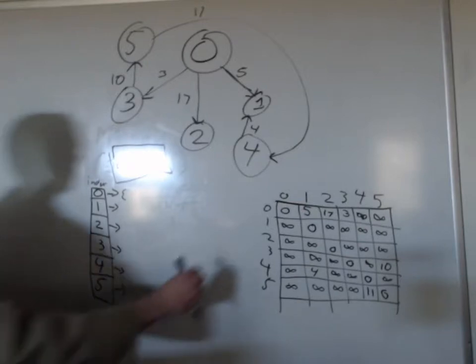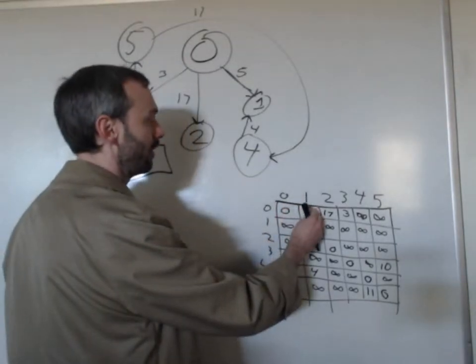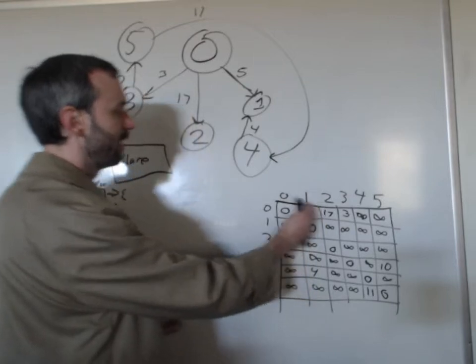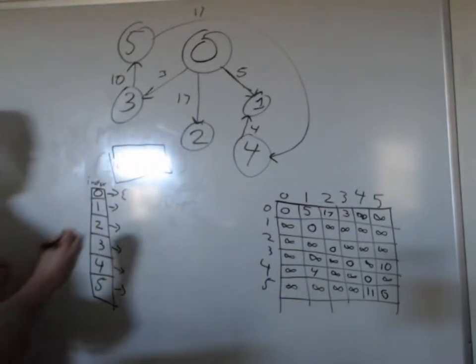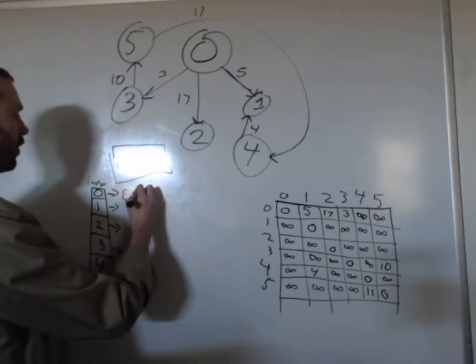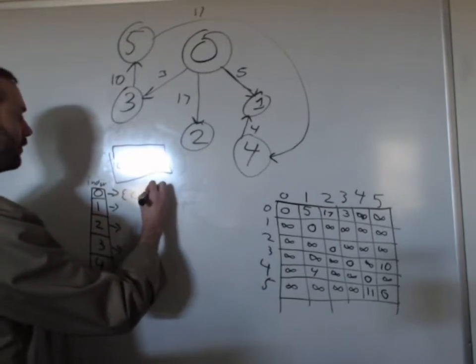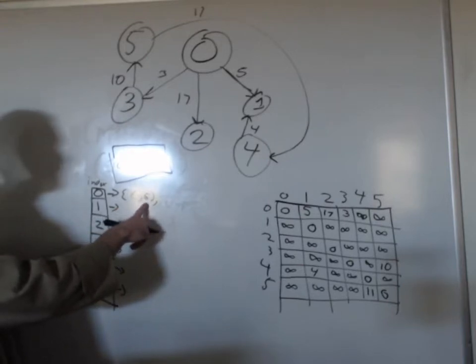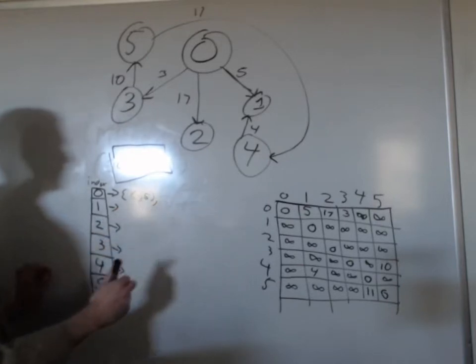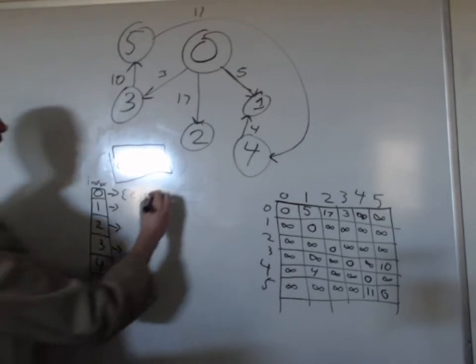So now over here, we knew what edge or node we're going to by the index. Over here, we don't. So we actually have to store a pair. So for example, we might store 1, comma, 5. So going to 1 has a weight of 5. All right. How about the next one? What would it be? 2, 17.